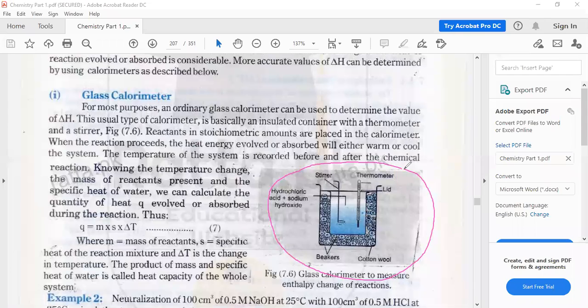We isolate the system from the surrounding by using a good insulator. We are making the container in which we are doing the reaction a good insulator. From that insulator, the heat is not going outside of the system and not coming inside of the system. So glass calorimeter is basically made up of glass. It is insulated from atmosphere by cotton wool.